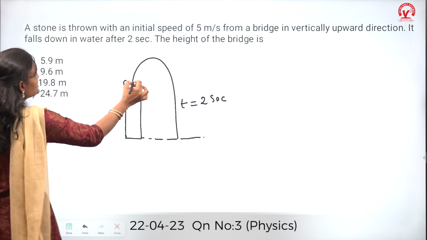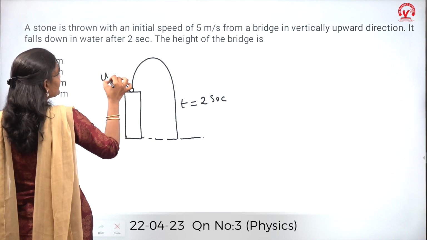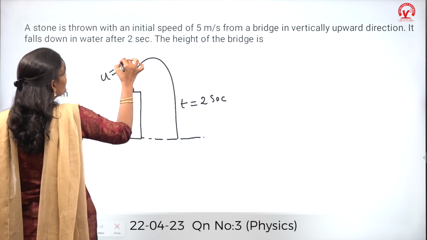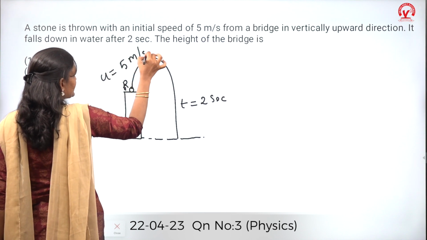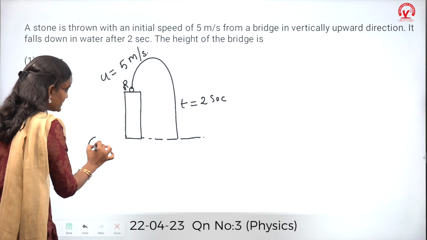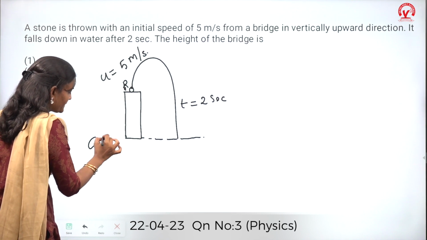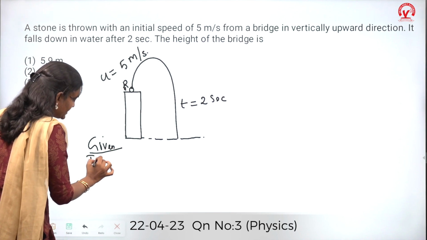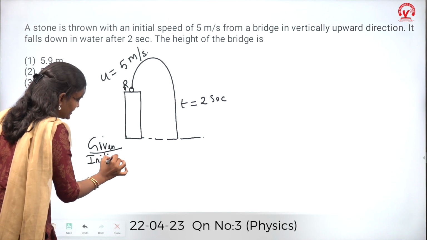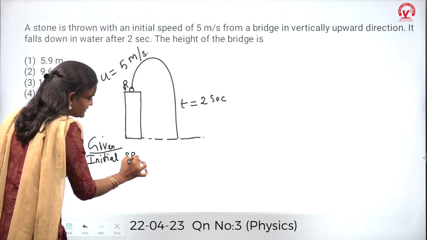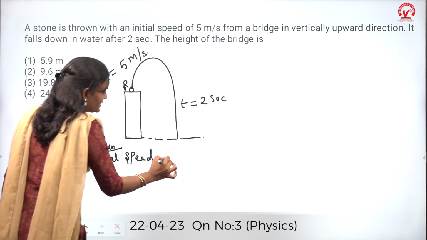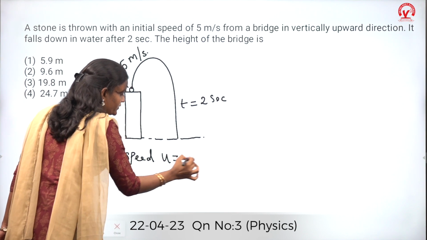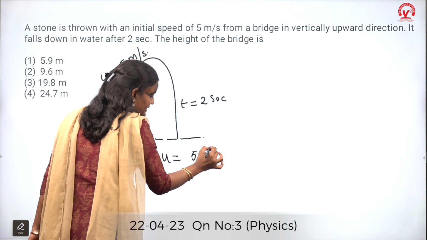Here the initial velocity we are taking as u is equal to 5 meter per second. So what are the given values here? Initial speed, initial velocity u is equal to 5 meter per second.